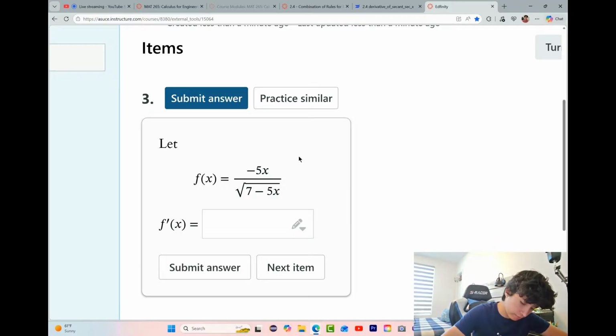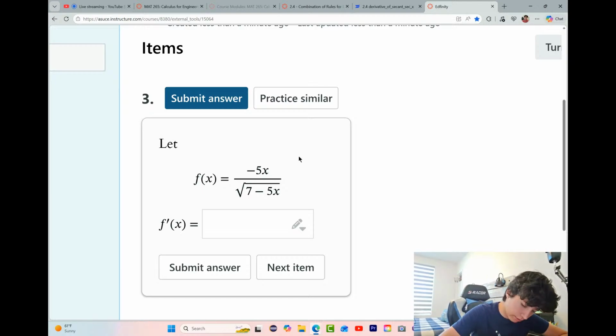That's what we have. Can we simplify? I don't think we can, unless we do negative 5 over 2 times 7 minus 5x to the power of negative 1/2. Cool. And now we can do the quotient rule.